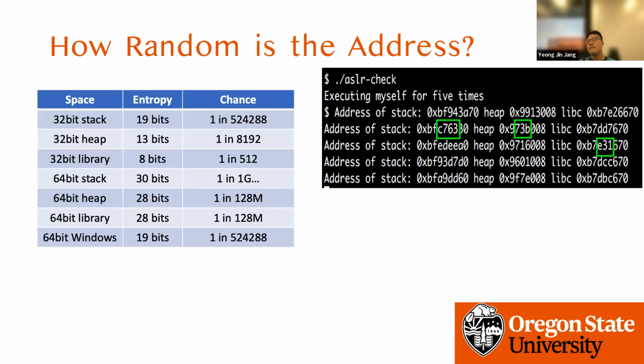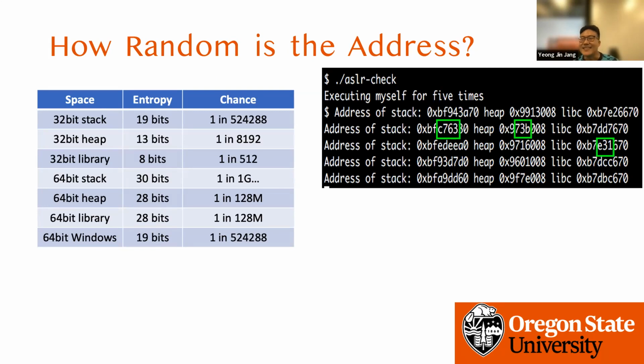But even for the 48-bit address space in 64-bit computers, we can insert 30 bits of entropy. Then your random guess chance is about 1 in 1 billion. Then it's better to buy Powerball. I heard that the recent Powerball was won by someone in Seattle or somewhere near here.